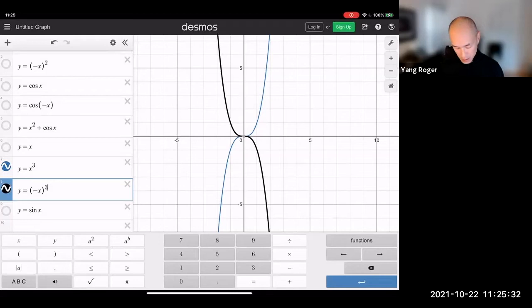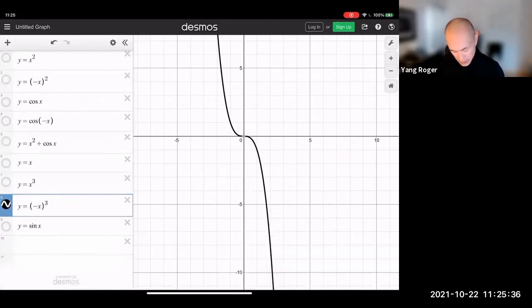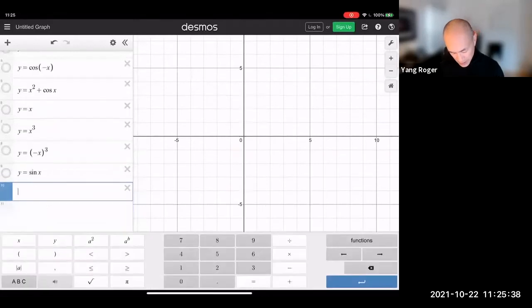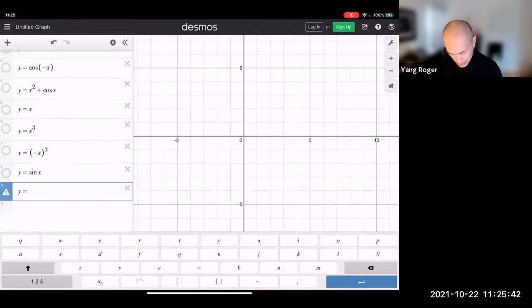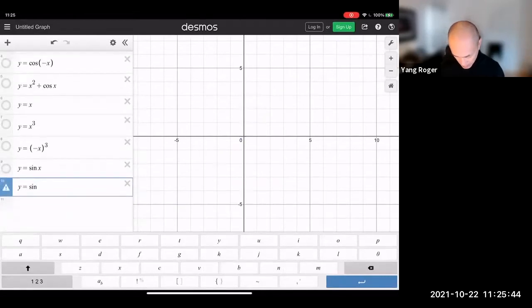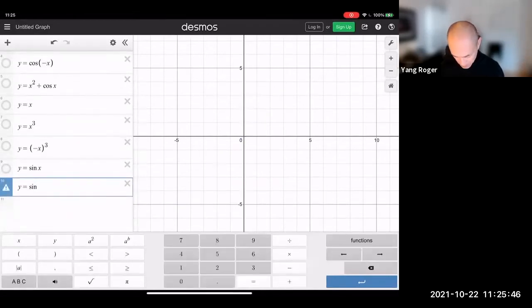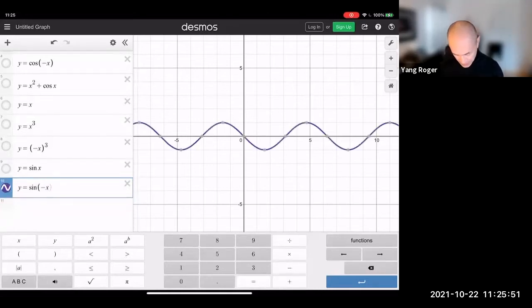Okay. So that's one example. Let's take a look and see what happens if I did the same thing with sine. I have y equal to sine of negative x like this. I hit enter.